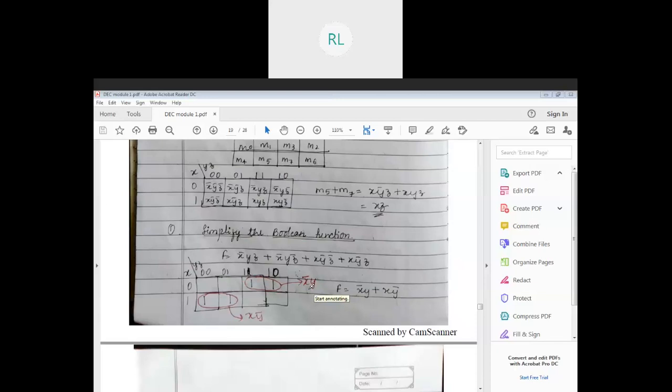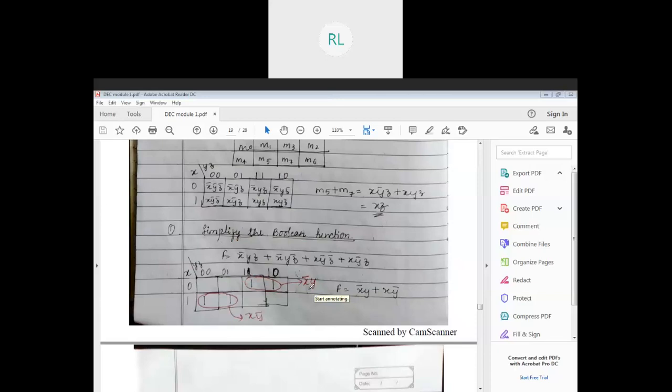Let me clear this out so that it's going to be easy for you to understand. Now since I have used here x bar, which means 0, x bar means I'm going to take it as 0, then y is going to be high and z is also going to be high, right?